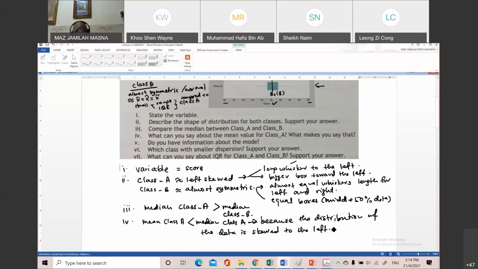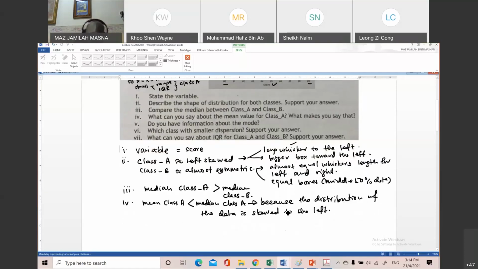Done. Number 5. Do you have information about the mode? Can you guess about the mode? Do you have any information on the mode? Remember, we are talking about class A and class B. What about the mode for class A and the mode for class B? Remember, skewed or not skewed. If skewed, what will be the mode?